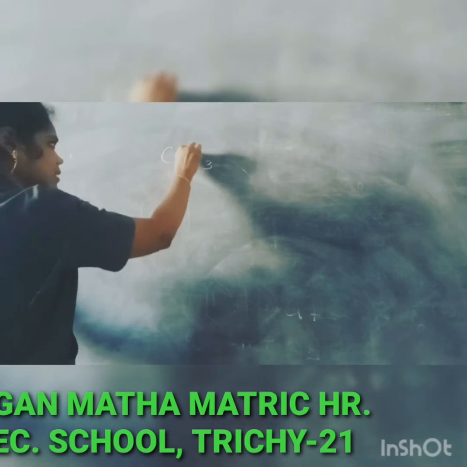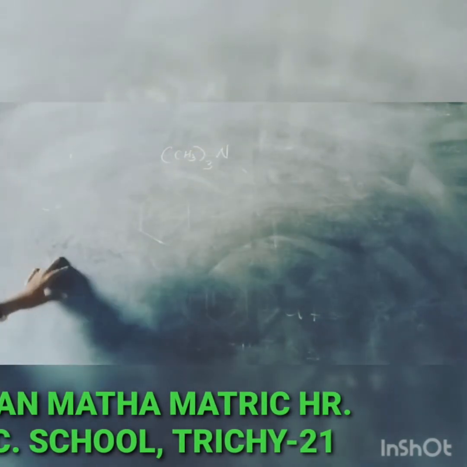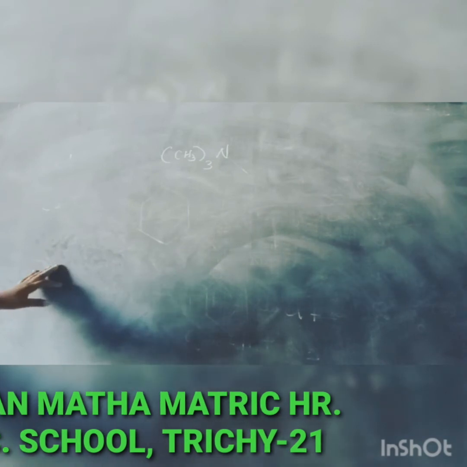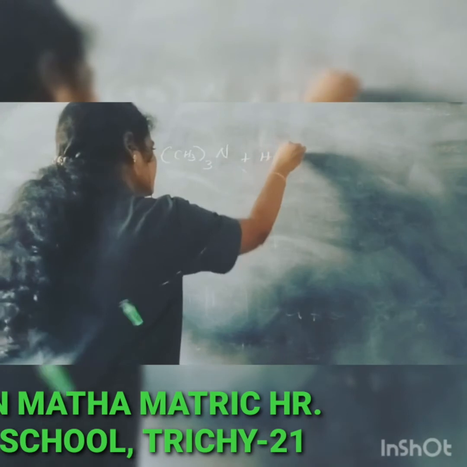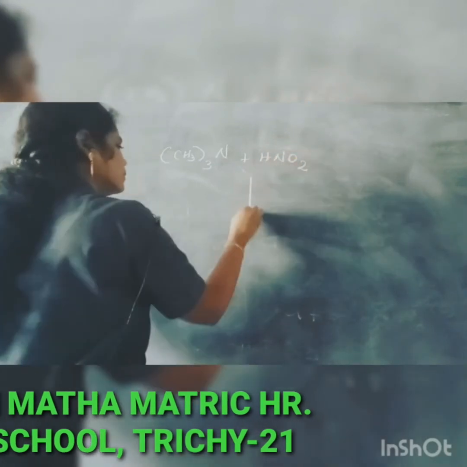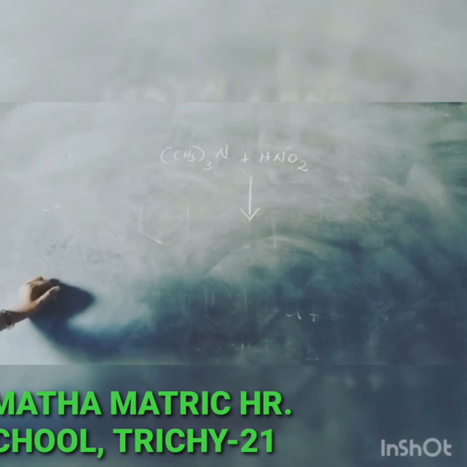Trimethyl represents CH3 three times, amine, so this is trimethylamine, reacted with HNO2. What is formed on the opposite side?